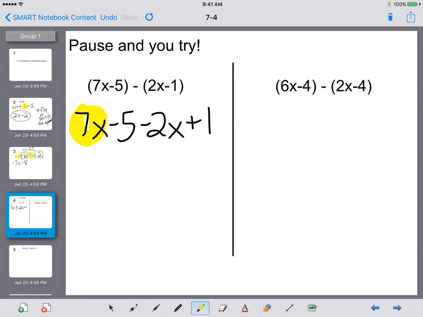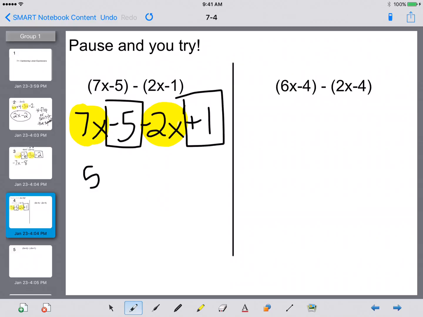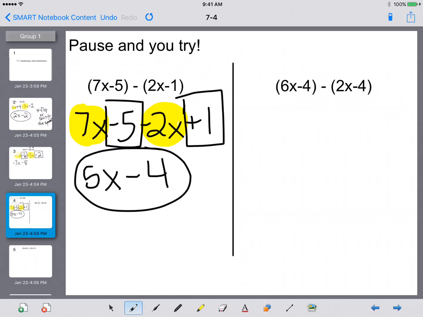Go through, we've got 7x minus 2x along with minus 5 and plus 1. 7x combined with, so plus negative 2x, is 5x, and negative 5 plus positive 1 would be negative 4. There's your answer there.